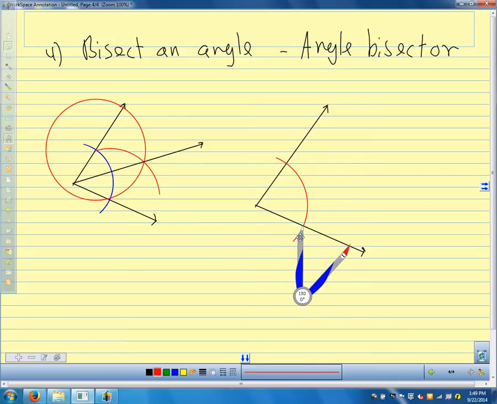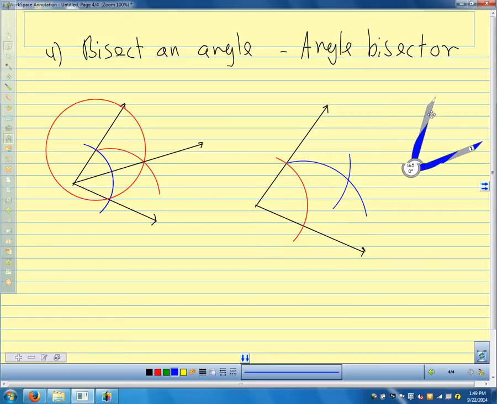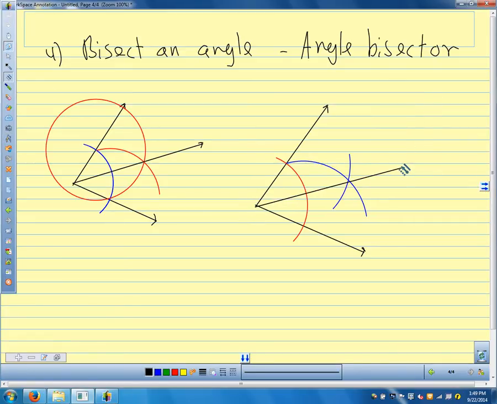Set my compass where the arc crosses the angle and make sure it's open more than halfway across, so all the way across is fine. Do that in blue. Make an arc. Move the point to the other side of the angle where the arc crosses. Make another arc. And then with my straight edge, I'm going to connect the vertex to the little X. And there's my angle bisector.